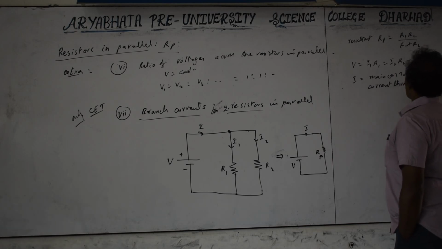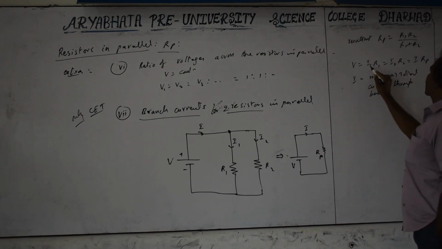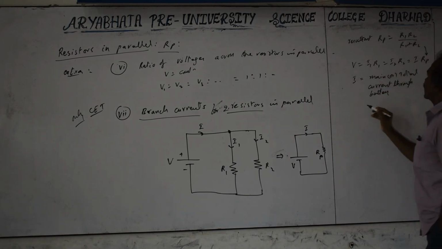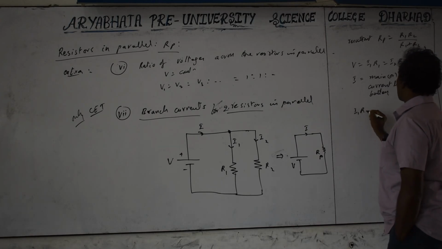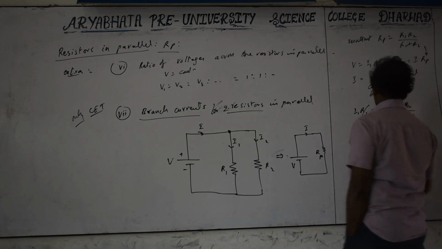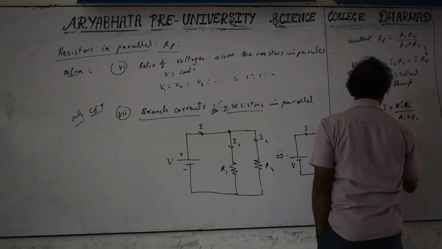If I want I1, take this relation: I1 R1 = I × R parallel, where R parallel is R1 R2 by R1 plus R2. Here R1 cancels. So I1 = I × R2 by R1 plus R2 is the relationship.